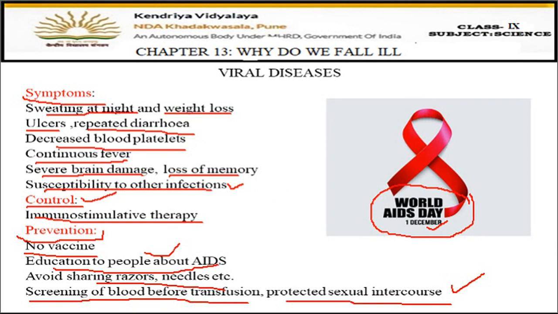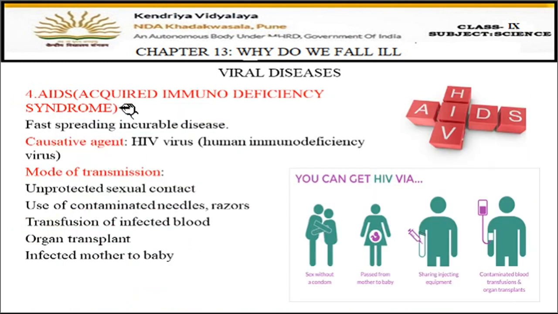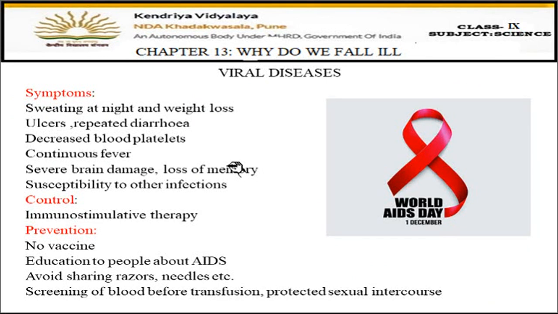So it's not actually a disease, it's a syndrome. Syndrome means it's a condition in which the immune system of the person becomes weak. There is a deficiency of the immune system in the body. So if any person gets the HIV virus in the body, that person should take very proper care of himself or herself, and proper hygiene should be maintained.